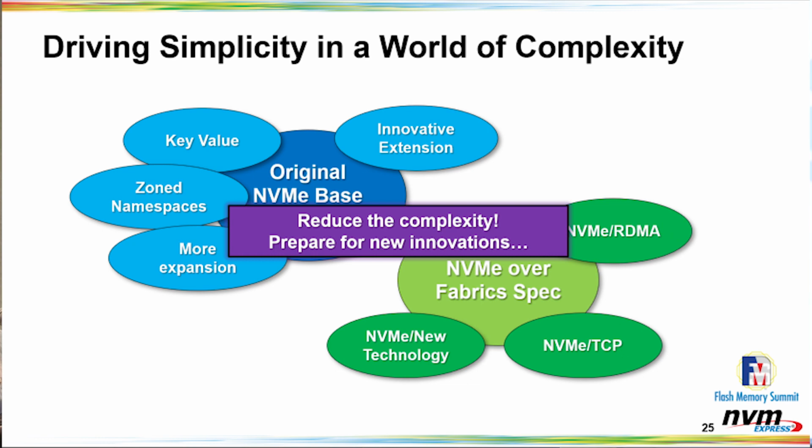These are new command sets that will be talked about more this week. And then NVMe over TCP and NVMe over potentially some other technology or different types of command sets may come in the future.